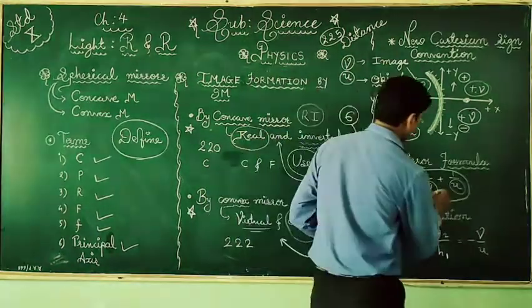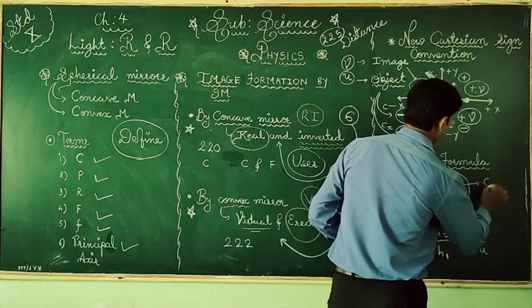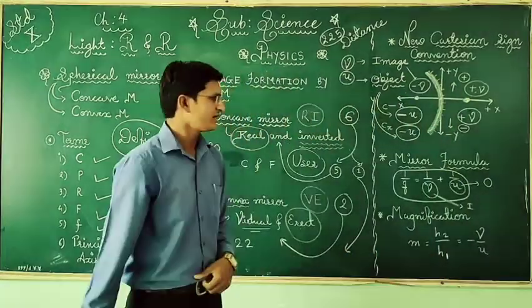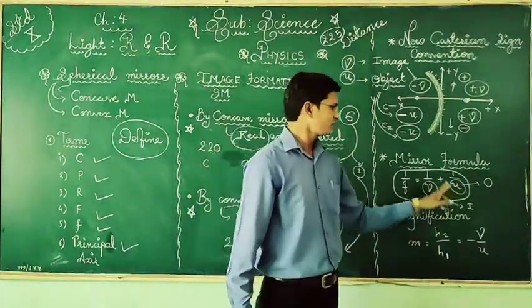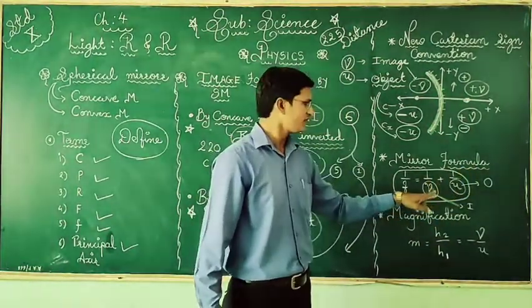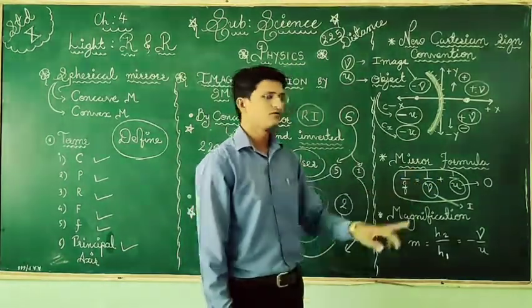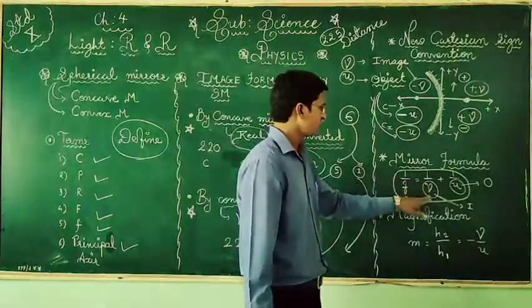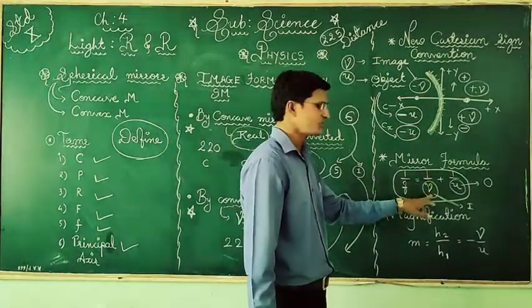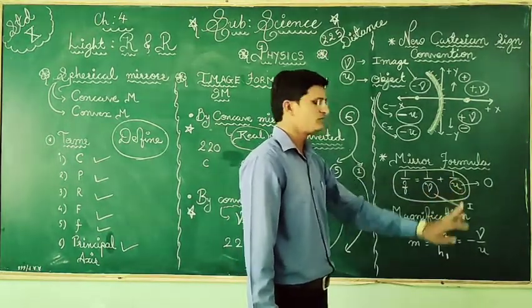So v is for the image and u is for the object, v-i and u-o, like that you will remember. So 1 upon v is the image distance, and 1 upon u is the object distance.